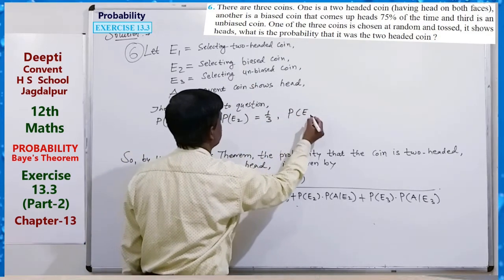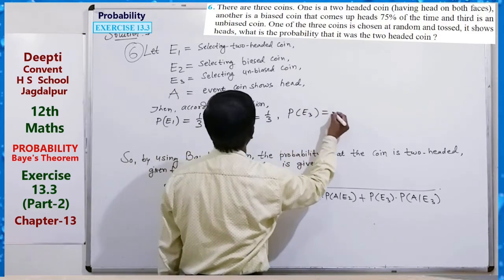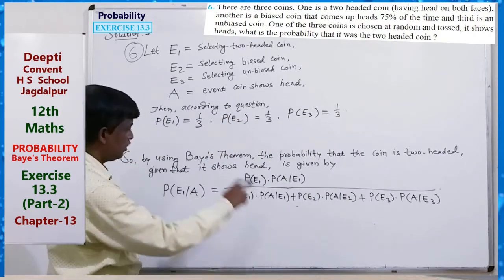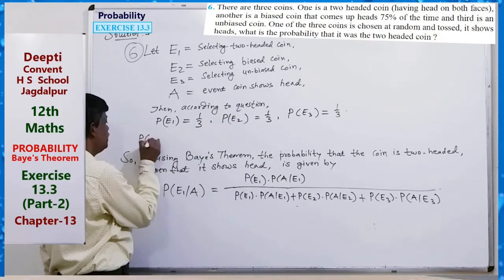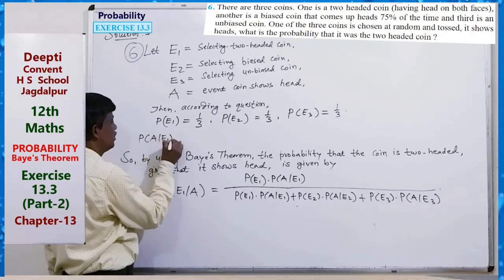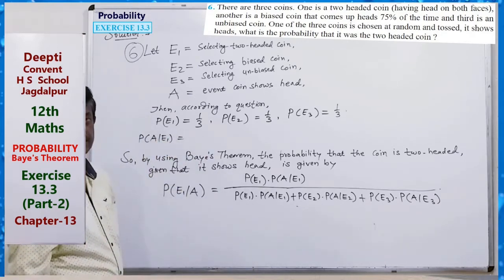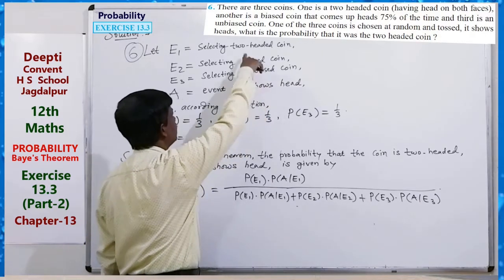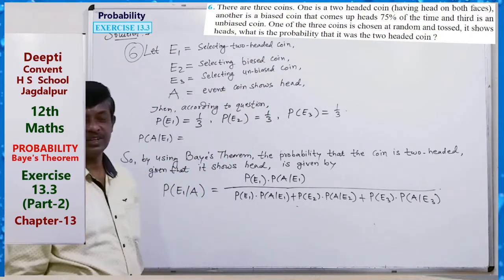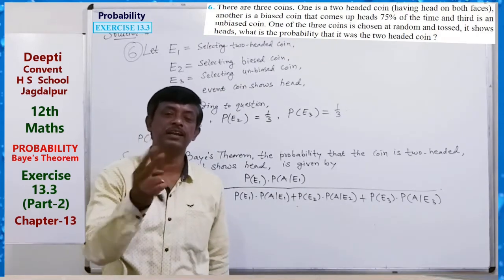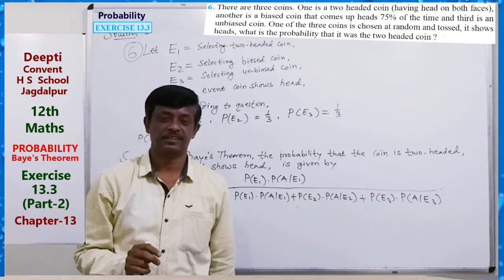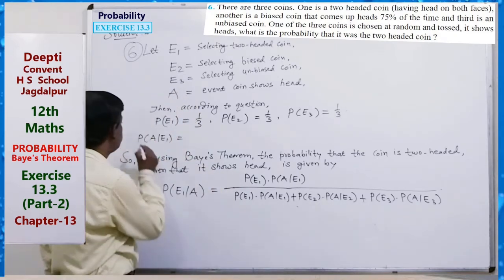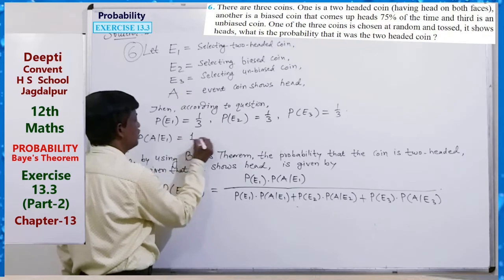Selecting the unbiased coin, 1 by 3. Now, three values are here. P(A|E1): the two-headed coin shows head. Two-headed coin means both sides head, so head will always occur. So probability 1. So P(A|E1) equals 1.